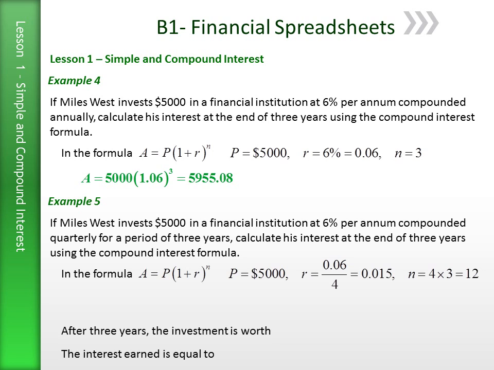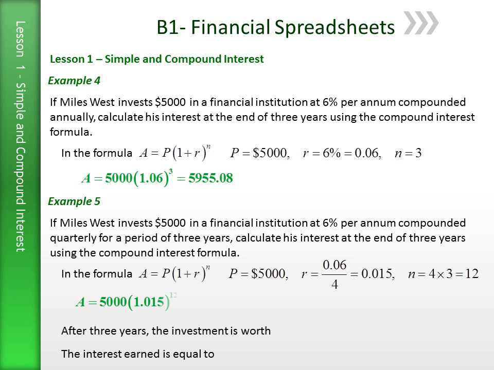So now our interest rate is 0.06 divided by 4, which is 0.015. And he's collecting it 4 times a year for 3 years, so the number of times he collects interest is 12. So now the formula is 5,000 times 1.015 raised to the 12th power.